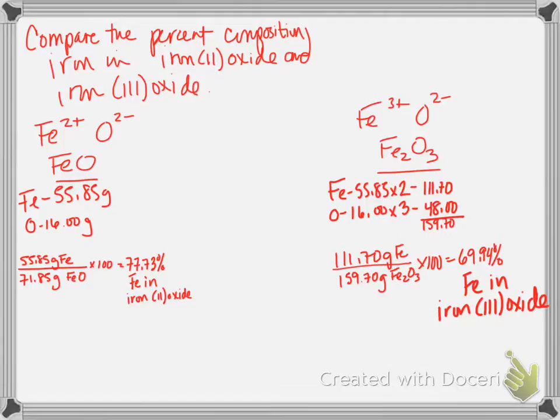When we compare them, do you have the same numbers I do? We've got 77.73% iron in iron 2 oxide. We've got 69.94% iron in iron 3 oxide.